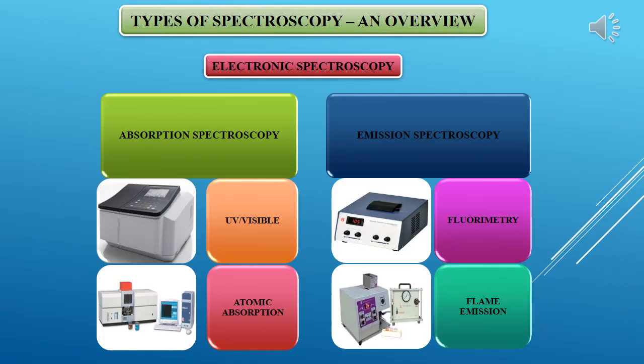And here are the types of spectroscopy with an overview of electronic spectroscopy. For absorption and emission, you can see the spectrophotometers' appearance here. This is how they appear in the laboratory. For absorption, UV visible and atomic absorption. For emission, fluorimetry and flame emission spectrophotometer.